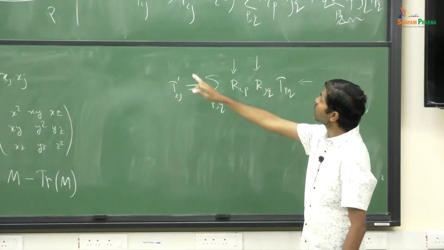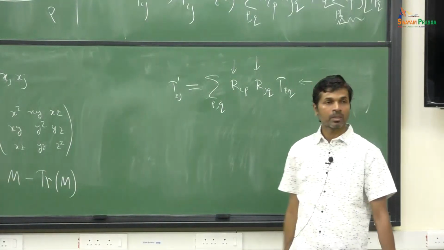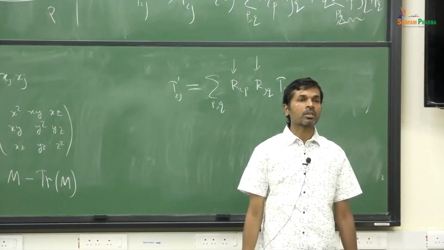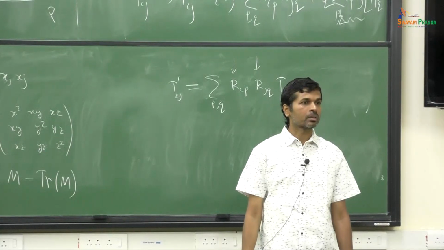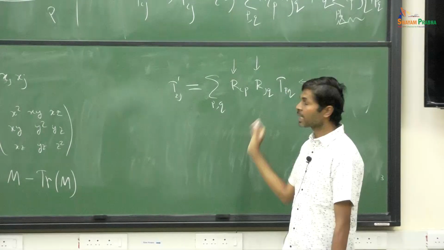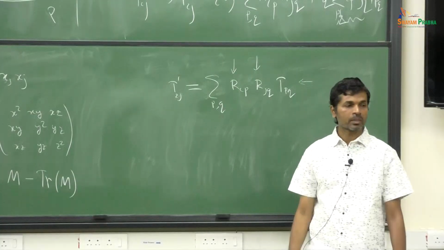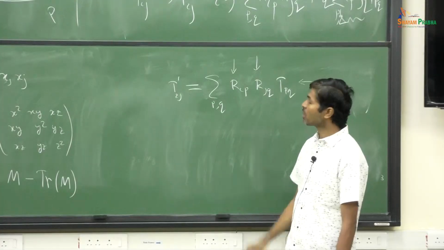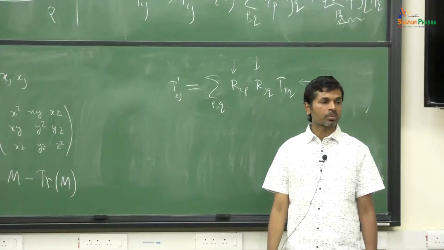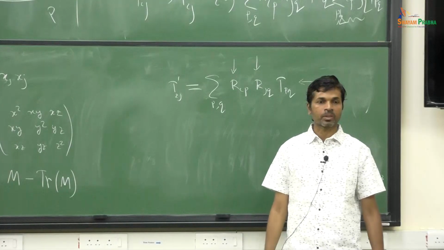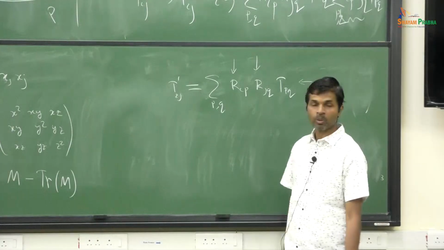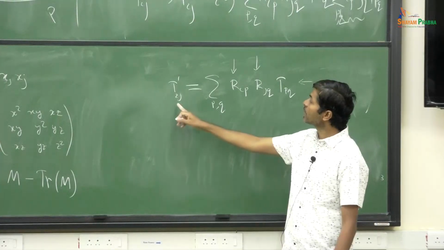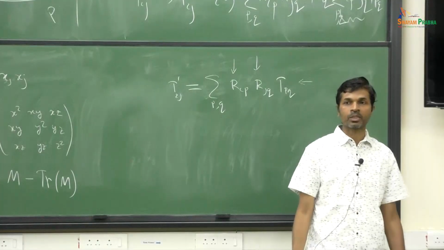So far I am focusing only on rotations, orthogonal transformations. But you can have more general transformations that we will discuss after the break. We can have transformations which are not orthogonal, which have more interesting properties, and you can define tensors under such transformations.